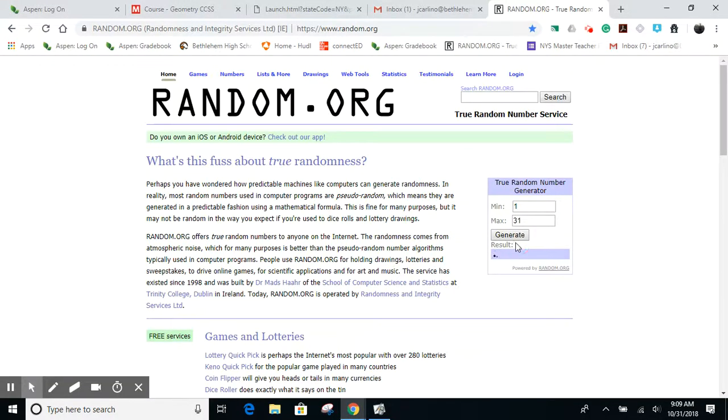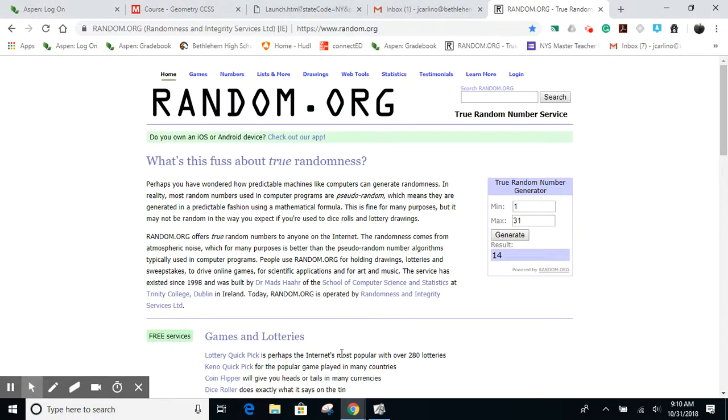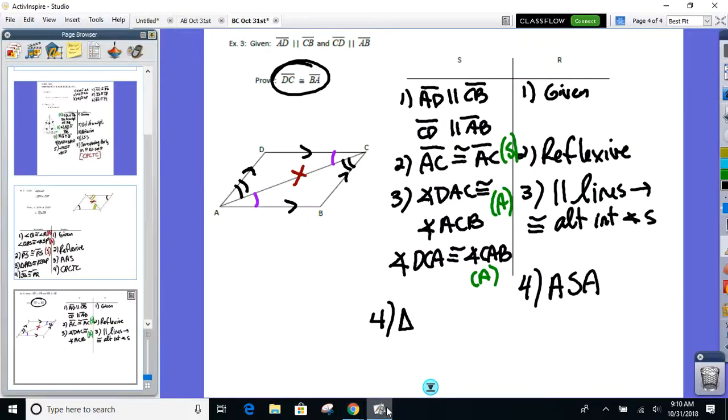What's my method here? Yep. Unfortunately now, what do you have to watch out for when you write this statement? Yeah, you can't just copy it off the proof statement anymore. You've got to make sure everything matches up. Give me a good congruent statement. Triangle DAC is congruent to triangle ACB.